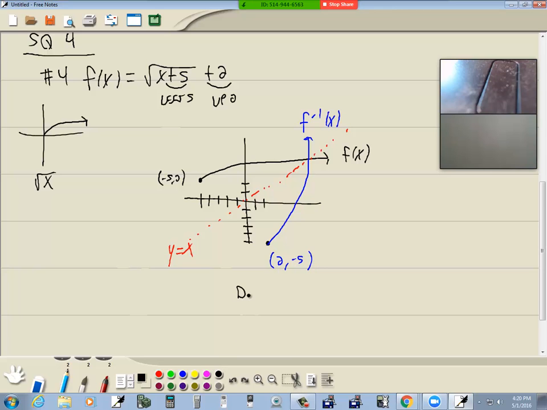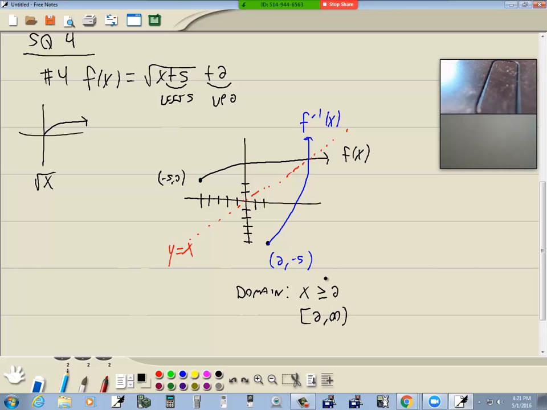And it's asking us for the domain. And our domain for this would be where x is greater than or equal to 2, because x value-wise, that's where it exists at. Now, x is greater than or equal to 2 would be written in interval notation in this manner.